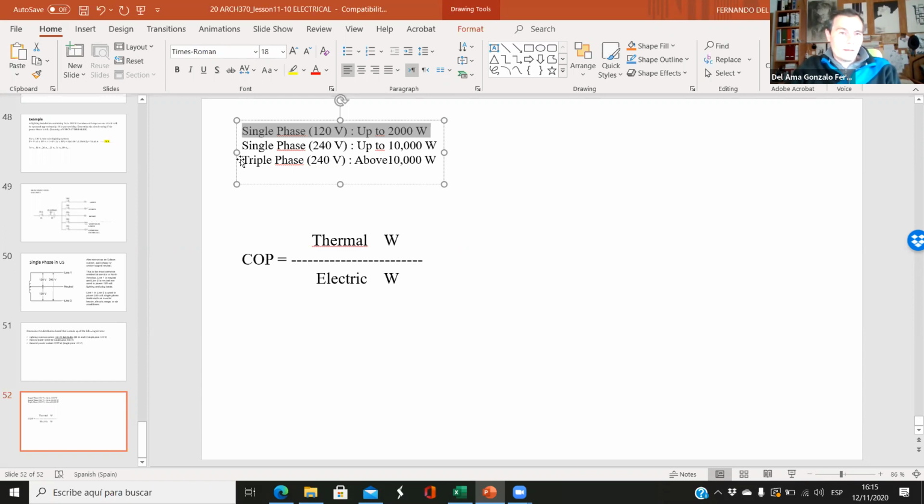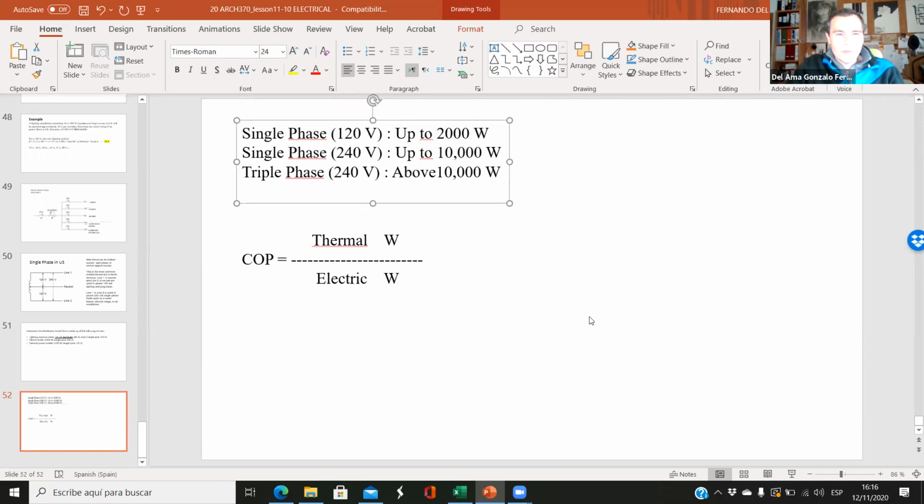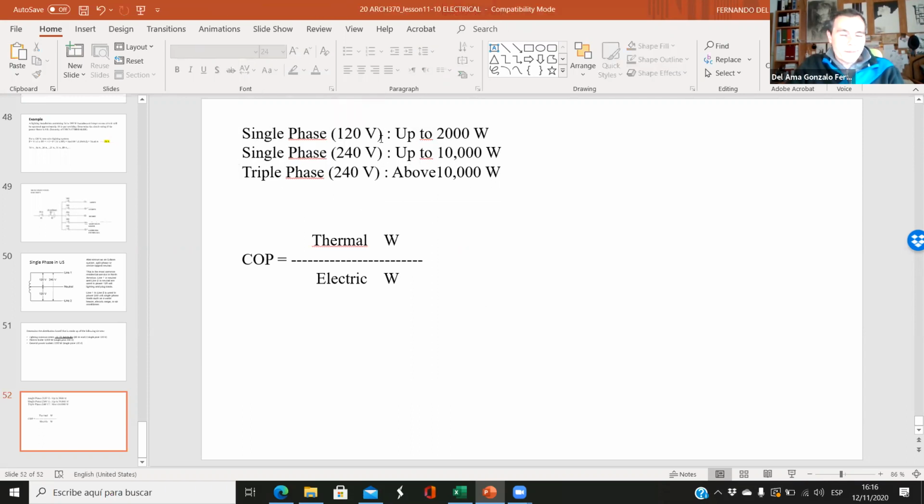If we are in a large building with different uses and different pieces of equipment, then we can rely on electrical engineers. But this is a rule of thumb, so you can learn this.